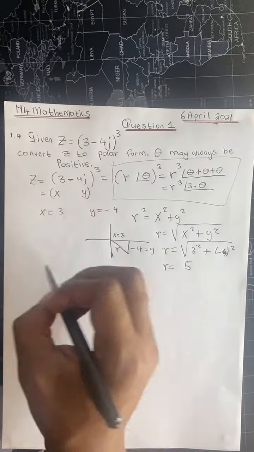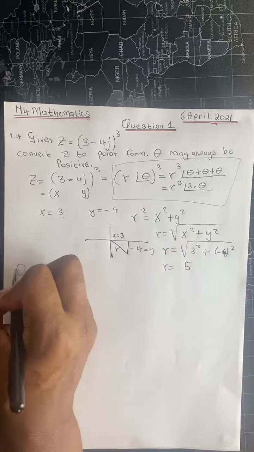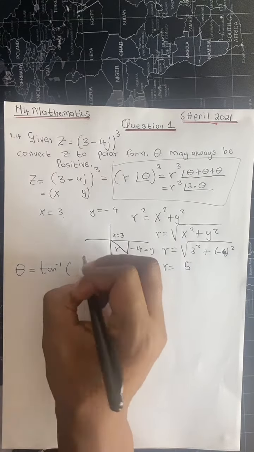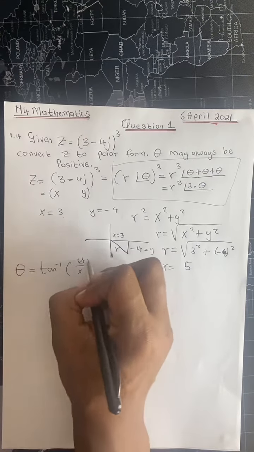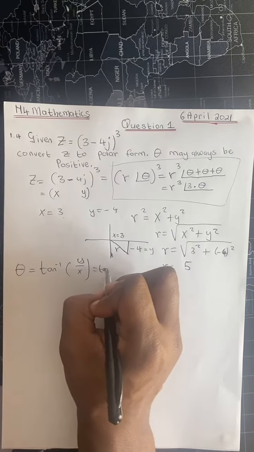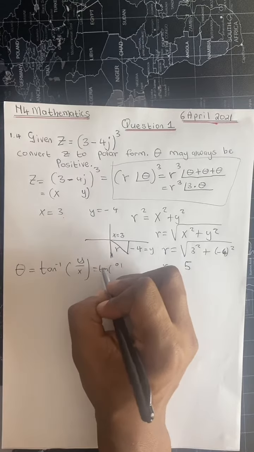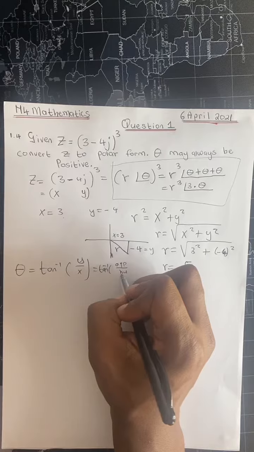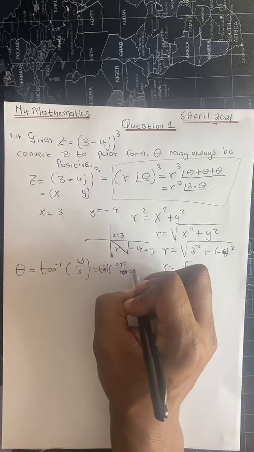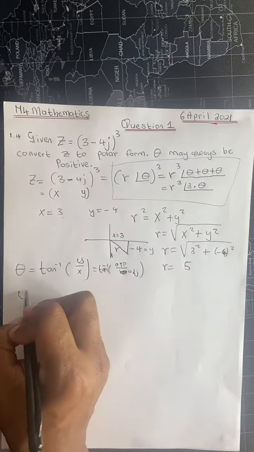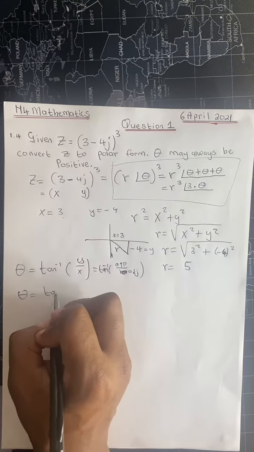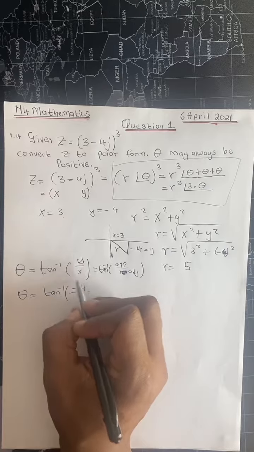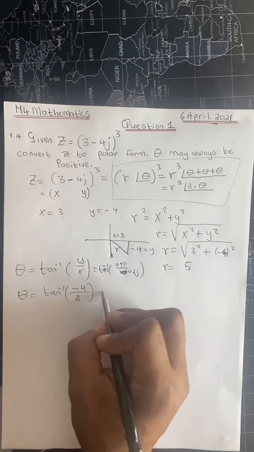For our theta, we use arctan of y over x. Another person can say arctan of opposite over adjacent. So theta will be equal to arctan of our y, negative 4, over our x, 3.